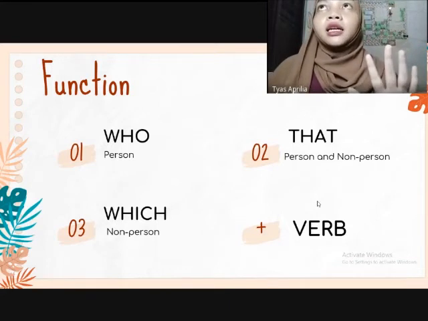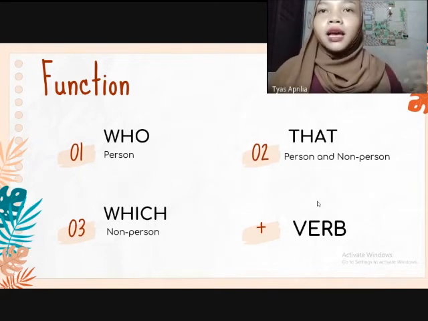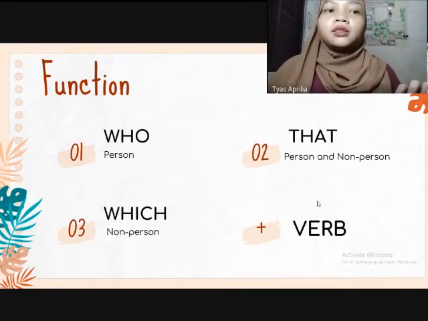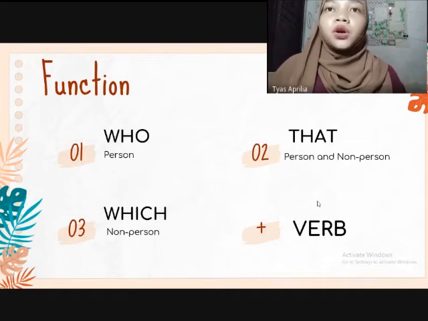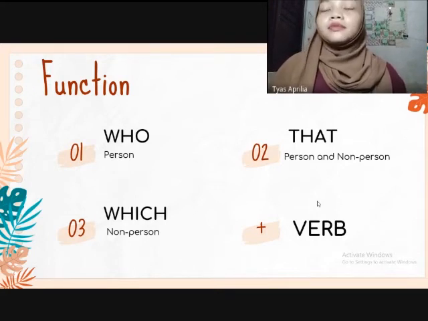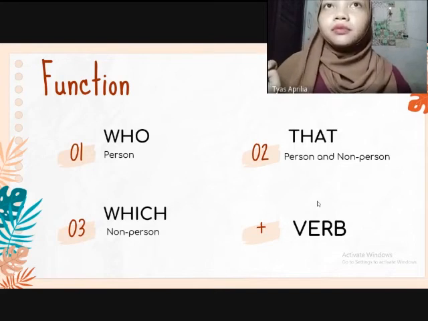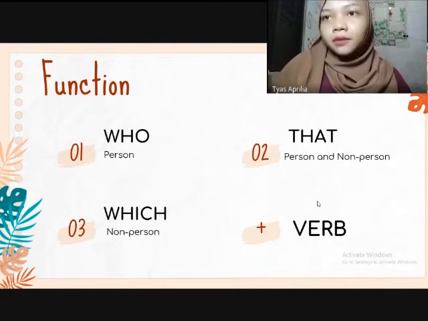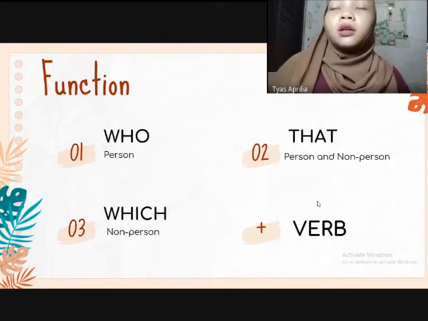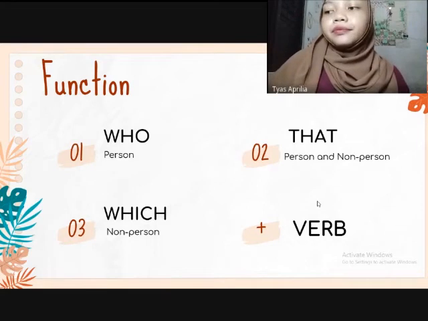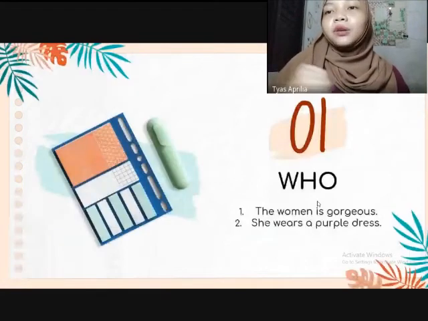It refers to things and it cannot be used for a person. You have to remember again, after a relative pronoun, it is followed by a verb, or in Indonesian you can call it kata kerja. Next, we'll discuss it.